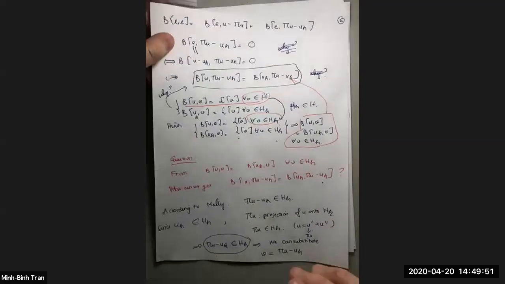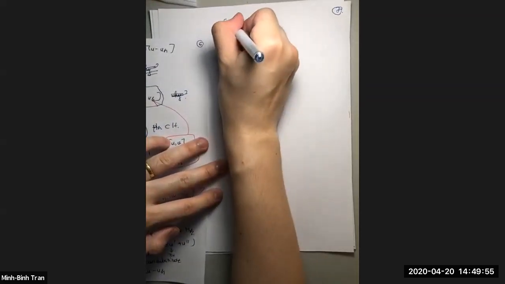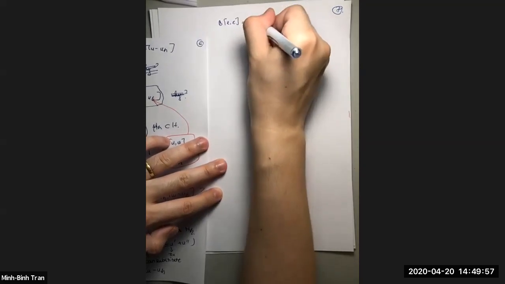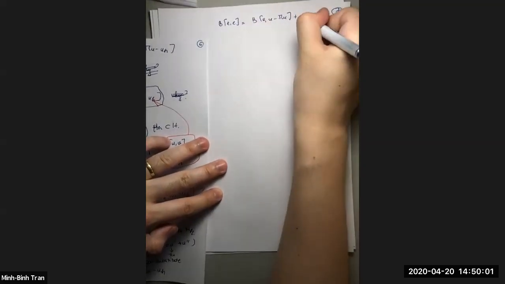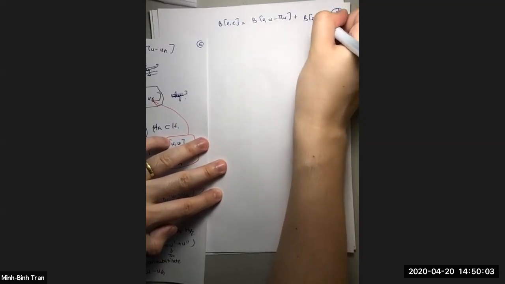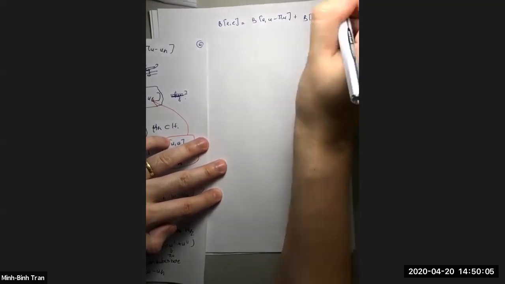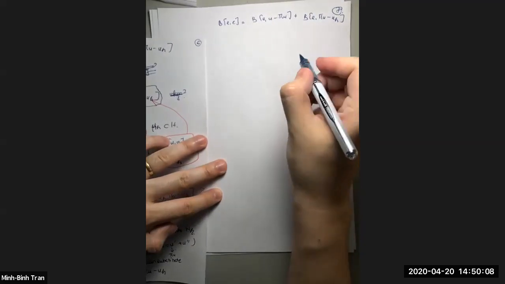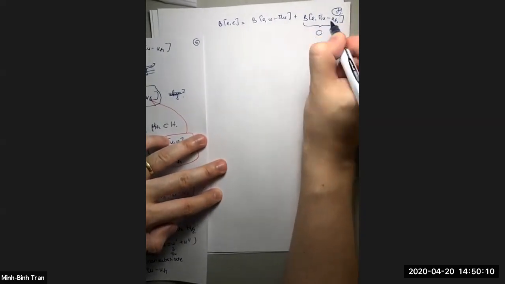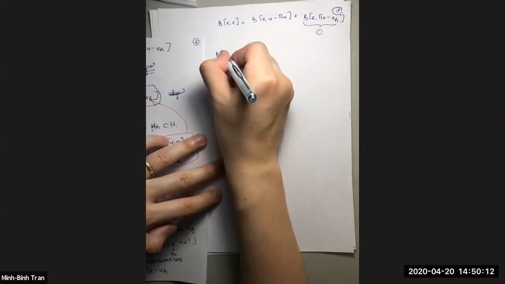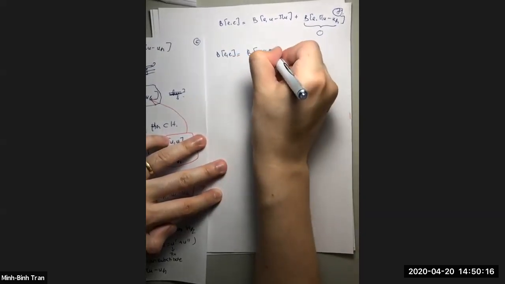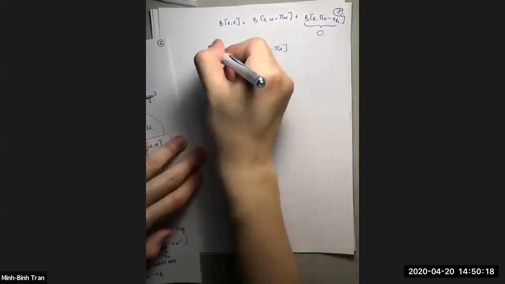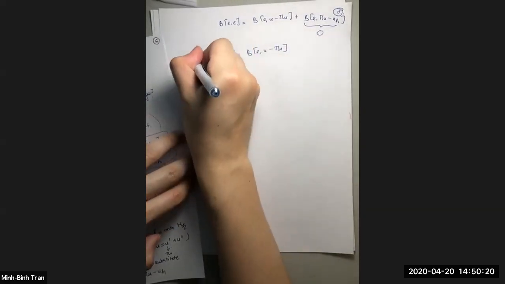So you're going to have B(e, e) is equal to B(e, u minus pi u) plus B(e, pi u minus u_h), right? So from the previous observation, this guy is 0. So you're going to have B(e, e) equal to B(e, u minus pi u), and this is bigger than alpha norm of e squared.